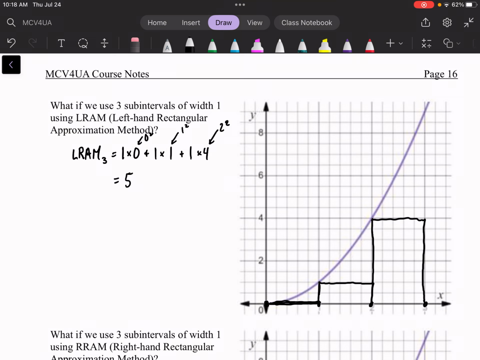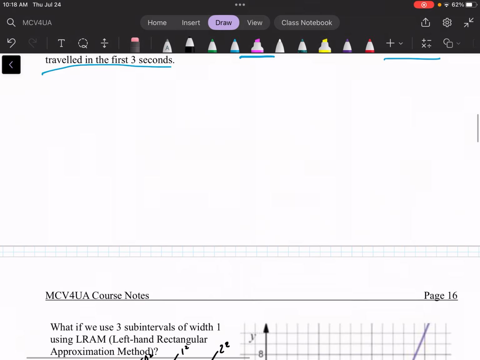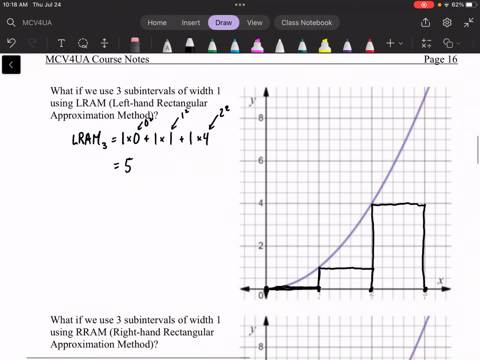If this was in seconds, based on this velocity, this would be 5 meters, let's say. As you can see, we're missing a lot of space, all this area that I'm drawing in red right here. So with this kind of function, it's not a very good option.